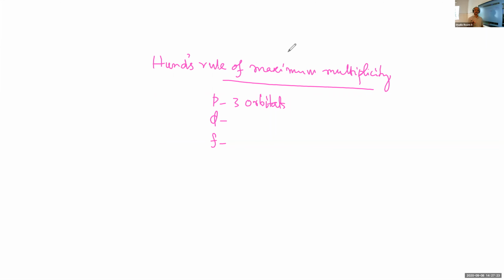They have dumbbell shape also. But for simplicity, let me show the orbitals by means of boxes like this. So these three boxes represent the three p orbitals.